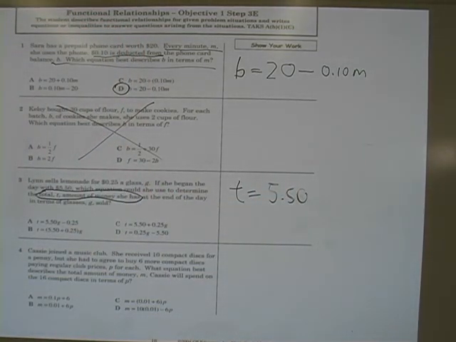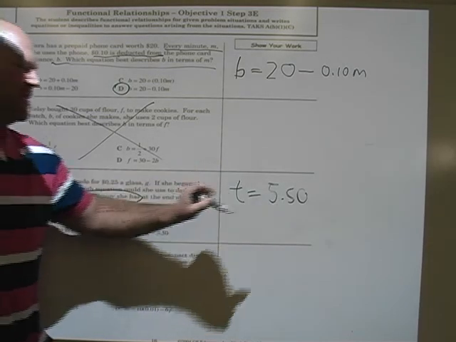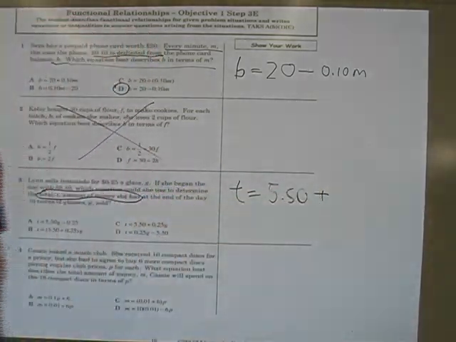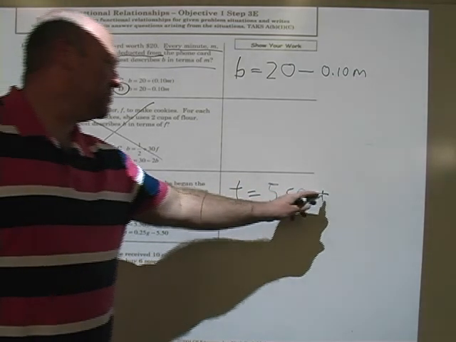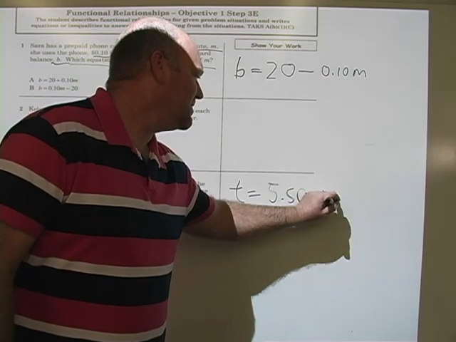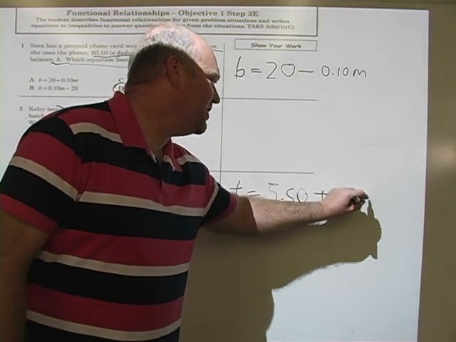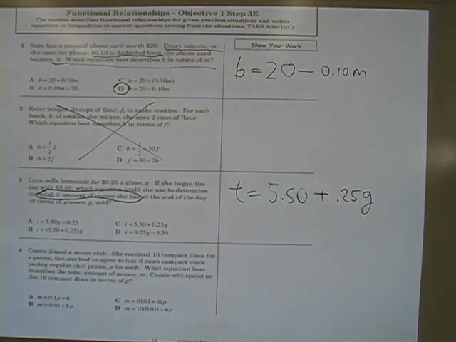She's going to start with 5.50, and then she's going to add, because she's making money with this lemonade stand. So the total amount of money that she has, she's going to add to it throughout the day. It's going to be plus 25 cents for each glass. Okay, very good. One more.